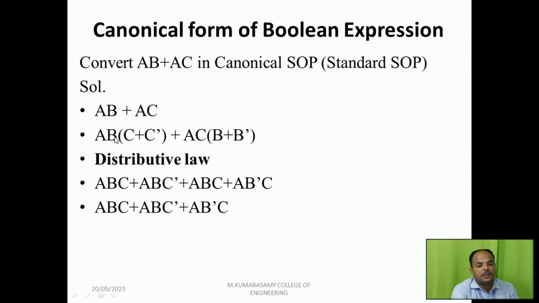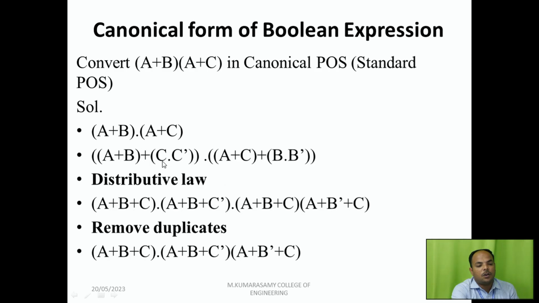In POS we have just multiplied the term with the expression; here you want to add. So the missing literal is C, so C . C bar. Here the missing literal is B, so B . B bar. Now we want to apply the distributive law, which we already know in Boolean algebra.